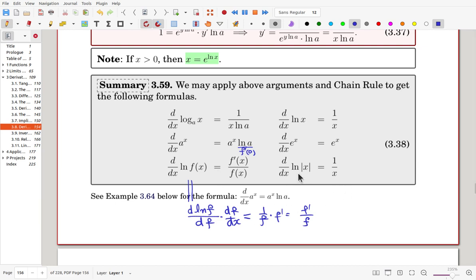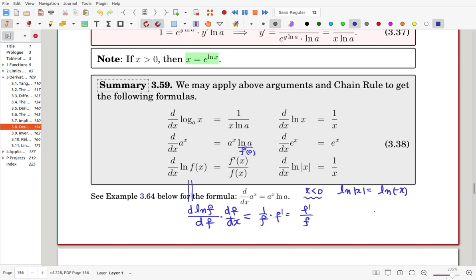And for this one, we already know that when x is positive, we have 1 over x. And once x is negative, then ln x will become ln of minus x.